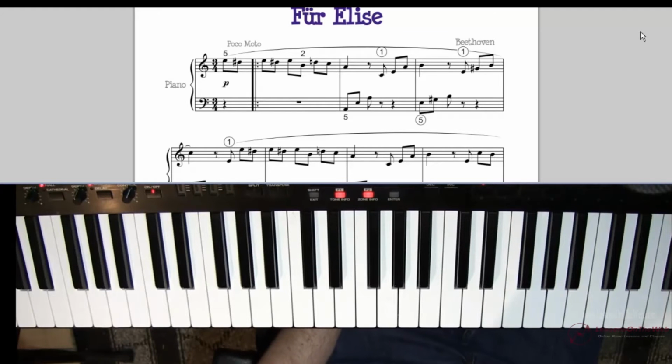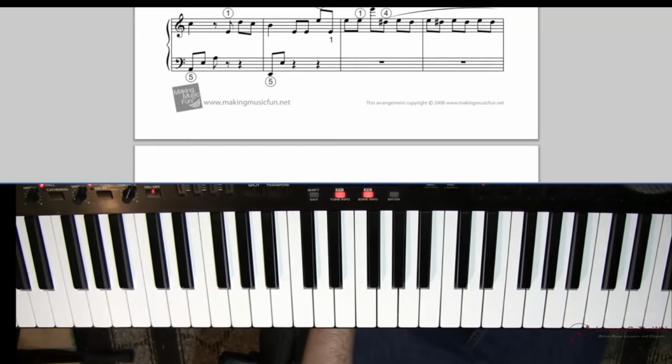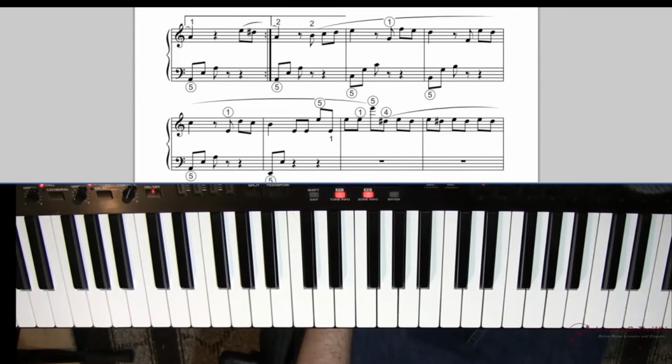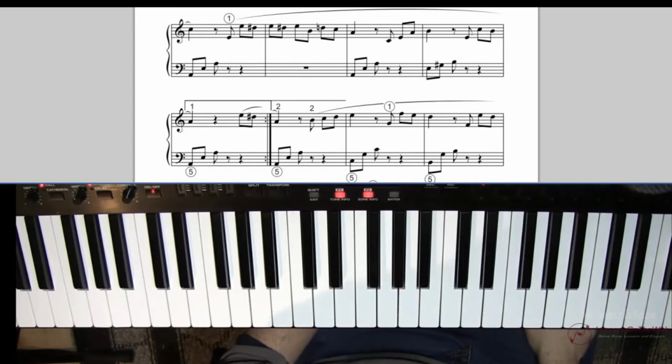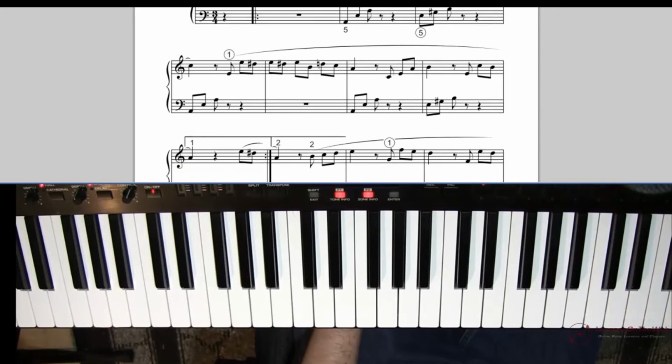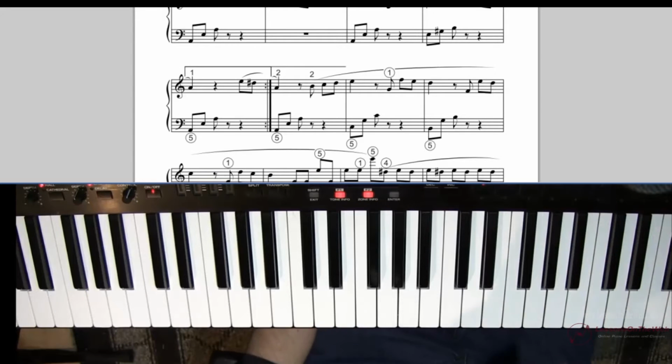Let me see. I do see a repeat sign though. Let's check. Yeah, so if you see, not all the way at the end of the song, but on the 3rd line of the song, if you see that little bracket with the number 1, which is called the first ending, how many beats do we have in that measure? 1, 2... We actually have 3 beats in that measure.